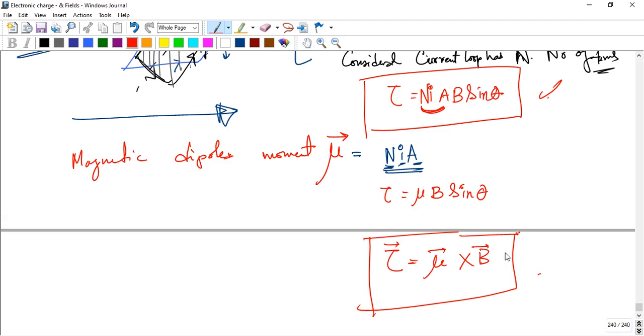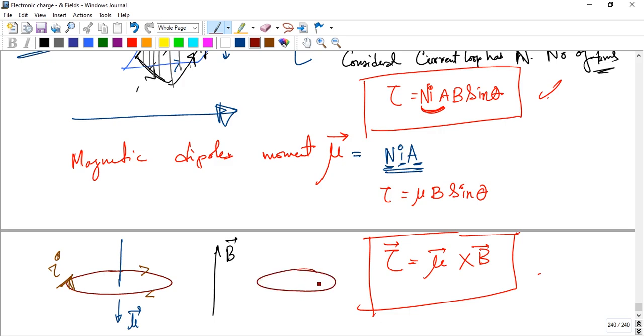Now it looks like this. Suppose there is a current I in that direction, and the external magnetic field B is placed here. So there is a dipole moment, and suppose mu is in the downward direction. Now I draw another conductor here, and the current direction is the opposite of that.